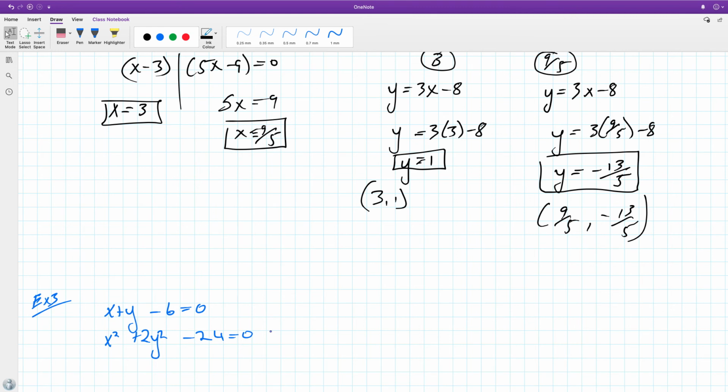Solve for x or solve for y? Easy to do x. Find the value for x.